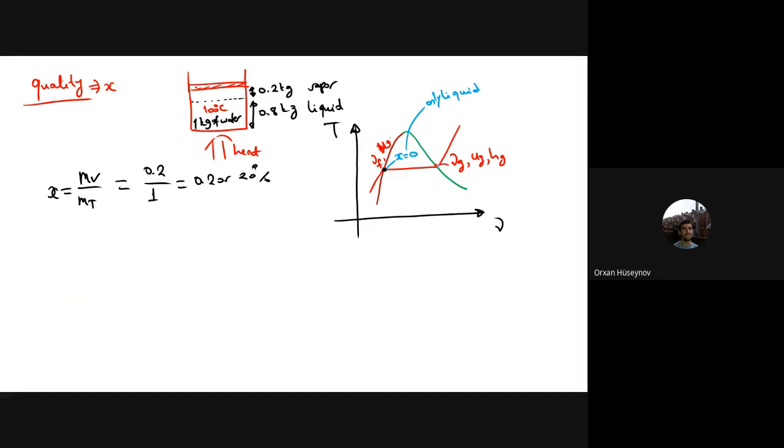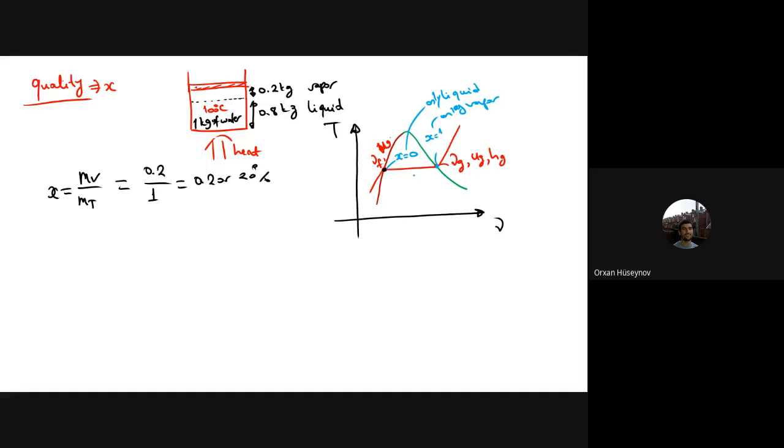And if you are at the other extreme value, which is the g value, here you have the quality as 1 because it is only vapor. It is only liquid at the nu_f value. And then it is not defined in the superheated region, because the superheated region is only vapor, therefore quality is not defined here.